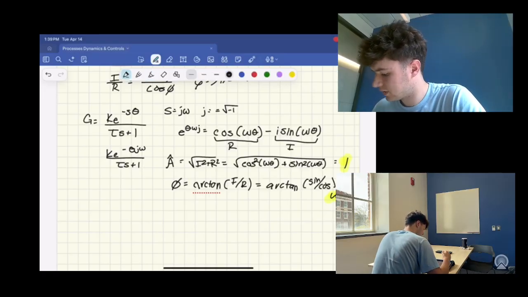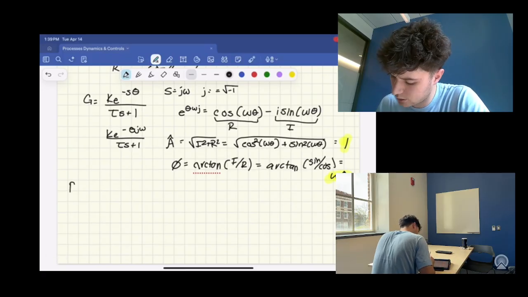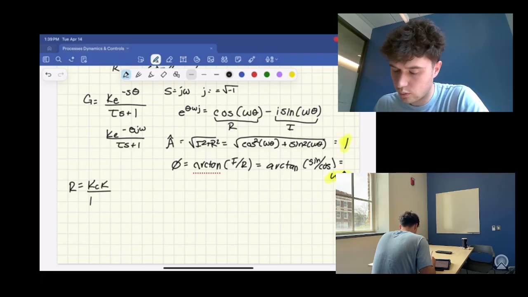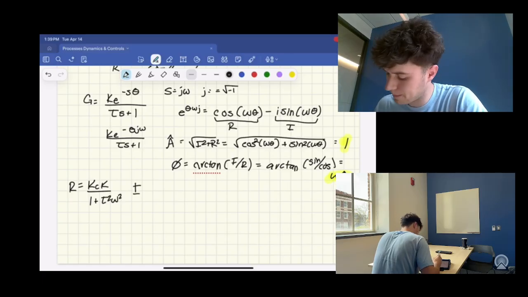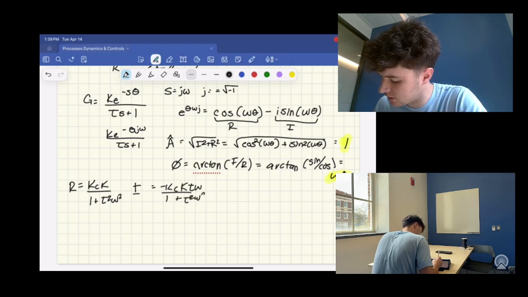So now, the last part is to work through a couple more equations, in which, if you remember, our real value is kc k over 1 plus tau squared W squared, and then our imaginary is equal to negative tau W over 1 plus tau squared W squared.